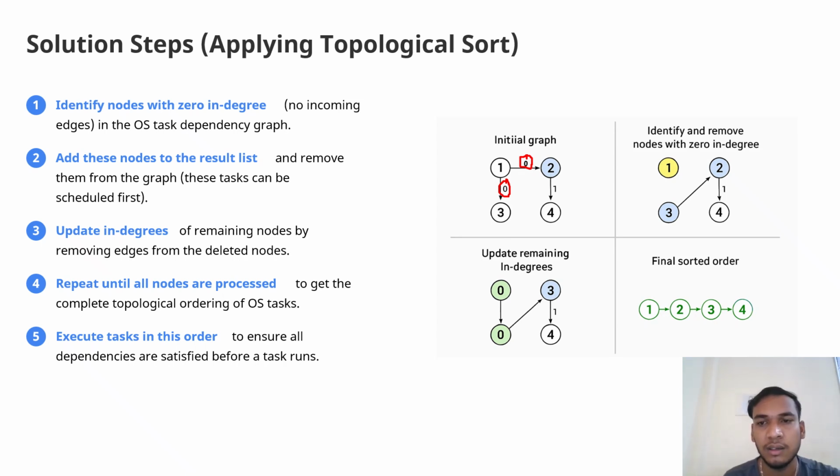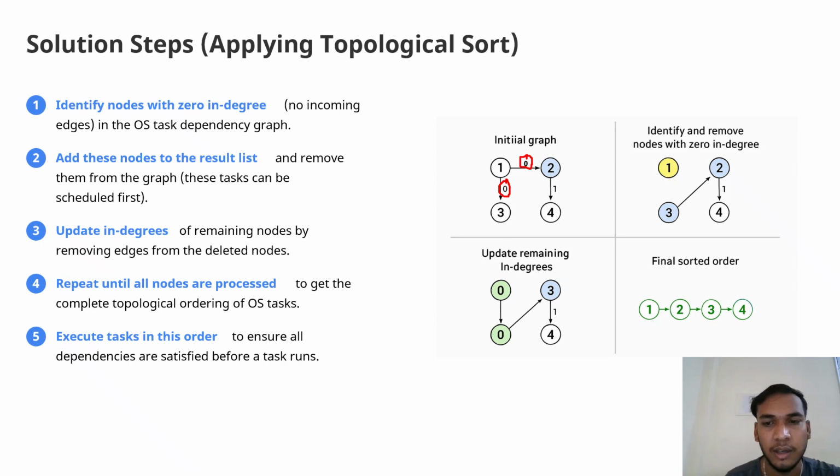In the second graph, we can see that node 1 is directed to 2. Node 1, which we have identified, we should remove, update the list and update the in-degrees. In the third graph, we have updated the degrees, and we repeat the process for all nodes.